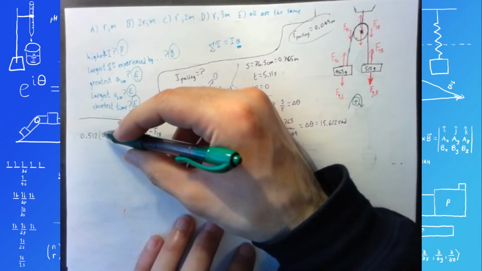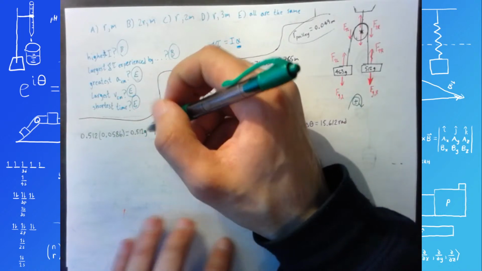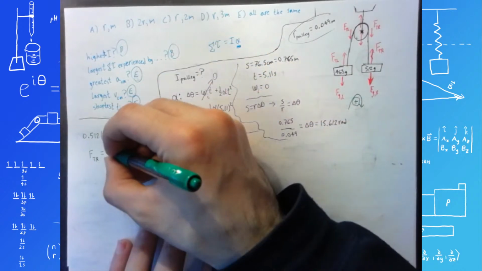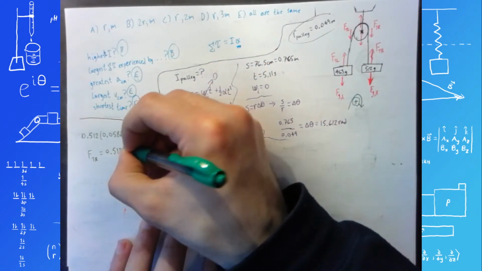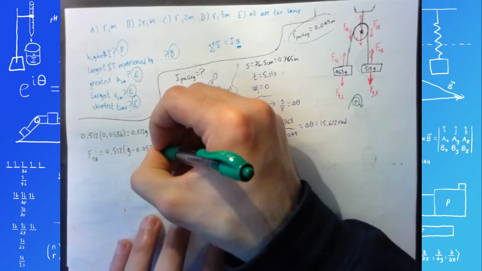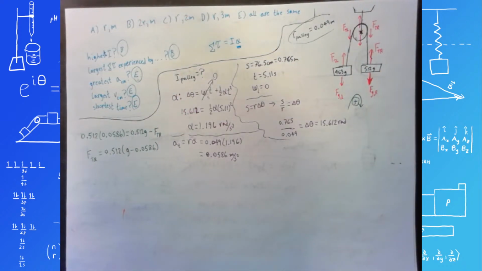Add force of tension right to both sides, subtract 0.512 times 0.0586 from the right-hand side, force of tension right equals, I can factor out 0.512 and then g minus 0.0586. Probably not going to be that big of a difference from g itself, but 9.8 minus 0.0586 is 9.7414. This is why we usually treat these tension forces as being equal.